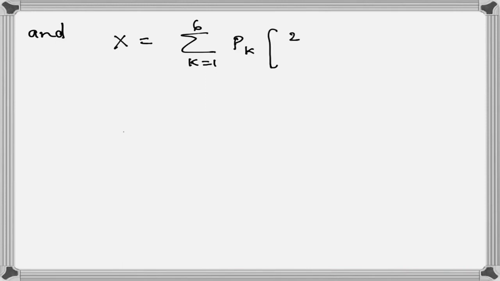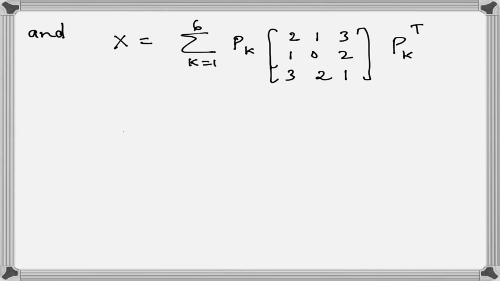So we had these 6 matrices and X is another matrix, which is given by the sum over K equals 1 to 6 of PK times the matrix 2 1 3, 1 0 2, 3 2 1 times PK transpose.